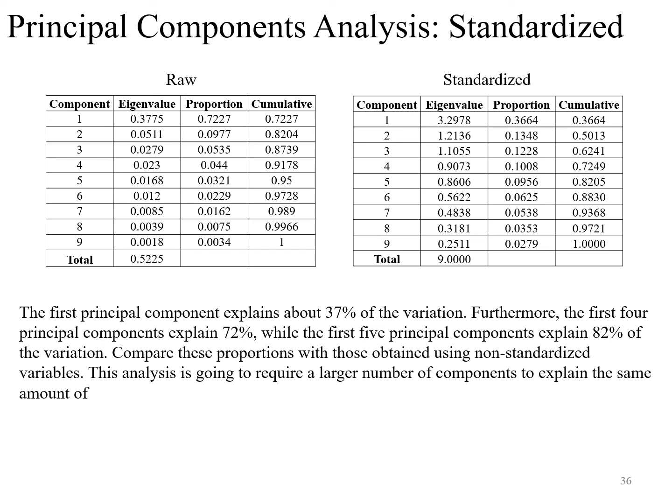And you will get different results, not only in the absolute magnitudes of the eigenvalues, but in the percent of variance being explained by each principal component. And on the left, we've got the eigenvalue table for the raw analysis. And on the right, we have the standardized analysis. And you can see that less variance is explained by that first principal component in the standardized data set.